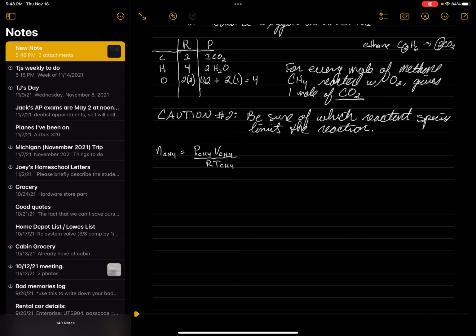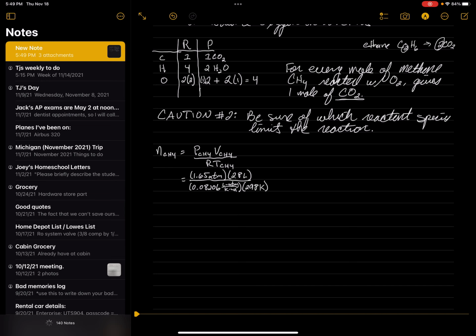So, when I plug all of this in to the various known parameters that I have, we get that the number of moles of methane is the pressure of methane, which is 1.65 atmospheres, times the volume of methane, 2.8 liters, divided by the R value, which is our good friend 0.08206 liter atmosphere per Kelvin mole, times the temperature, which is 298 Kelvin, okay?